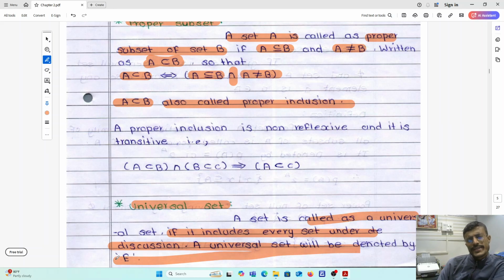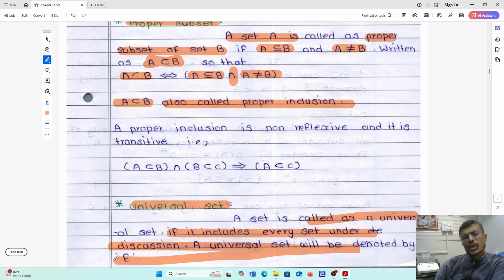A, B, C, D are the four sets under discussion of E, such that A equals {1, 2, 3}, B equals {1, 2}, C equals {1, 3}, and D equals {4}. Then E should be {1, 2, 3, 4}, because if I take E as {1, 2, 3, 4}, then it will include all the sets A, B, C, D. So that's why E is called a universal set.